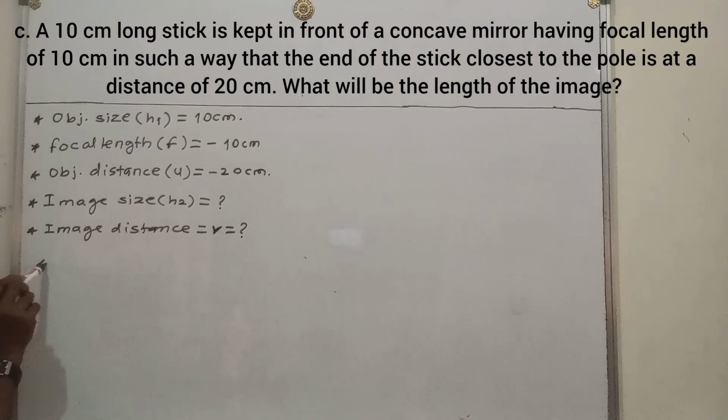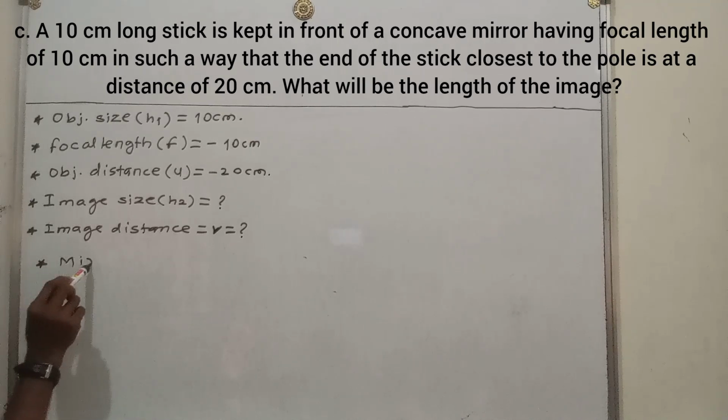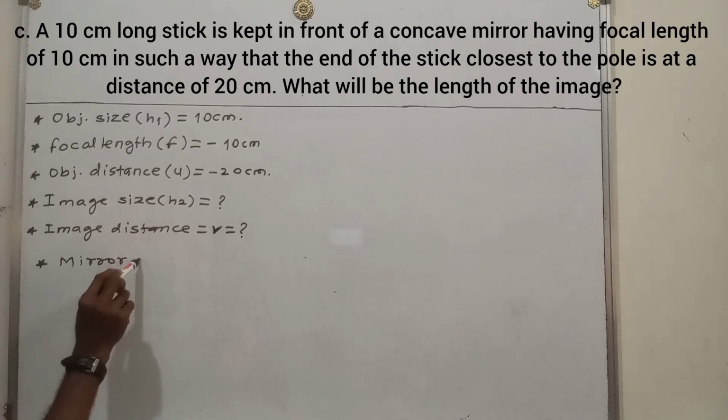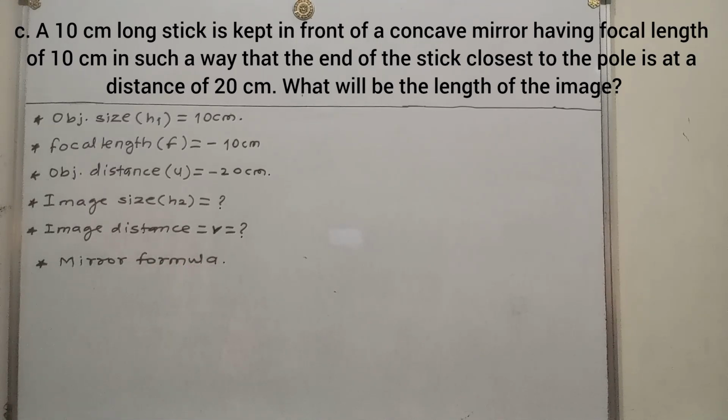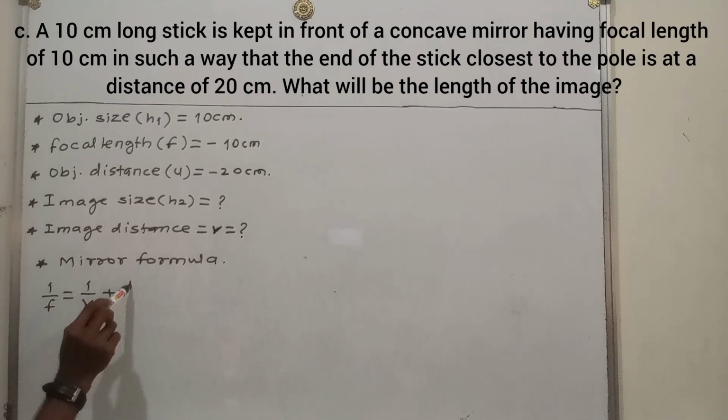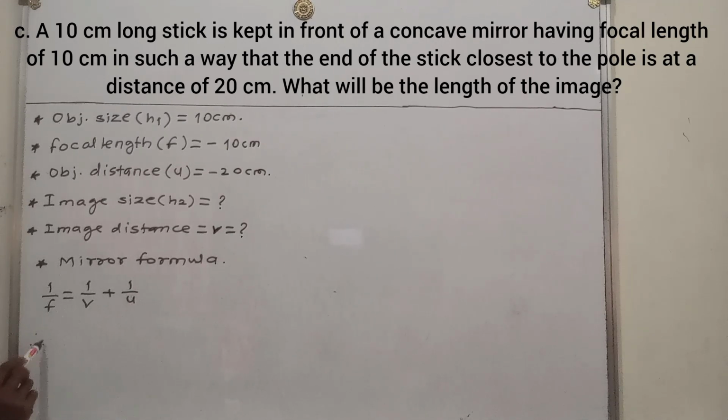So first we write the mirror formula. 1 upon F is equal to 1 upon V plus 1 upon U. Now, therefore, 1 upon F, what is F?